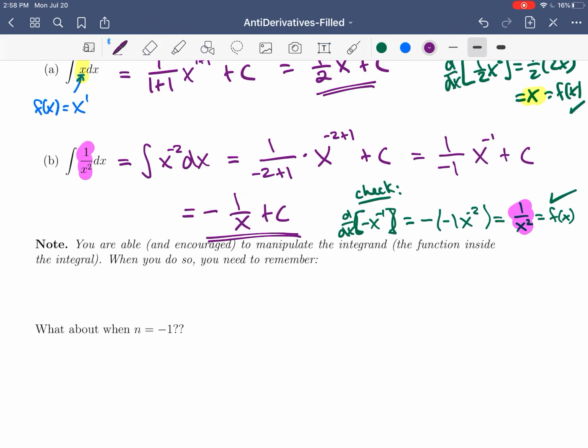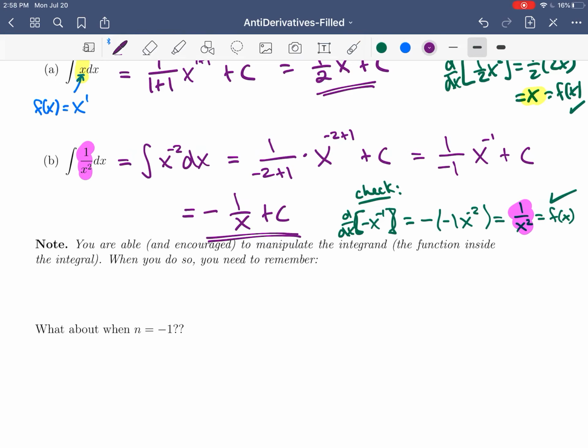So notice here that we rewrote our integrand. If you're able, you're encouraged to do so. You're allowed to manipulate the integrand if you need to simplify it. Sometimes it helps to simplify first, just like it does with derivatives.